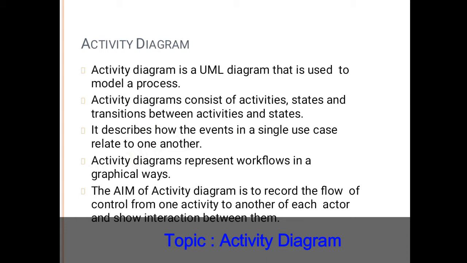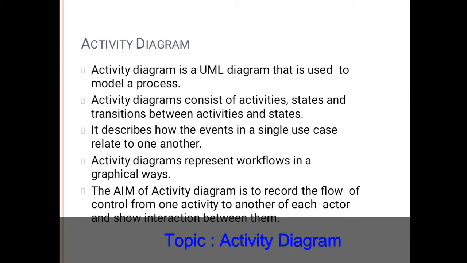In a bank ATM system, we can call the user a customer. So customer and bank system are our modules. How can the customer and the bank ATM system communicate? That is represented by the symbols of the activity diagram.